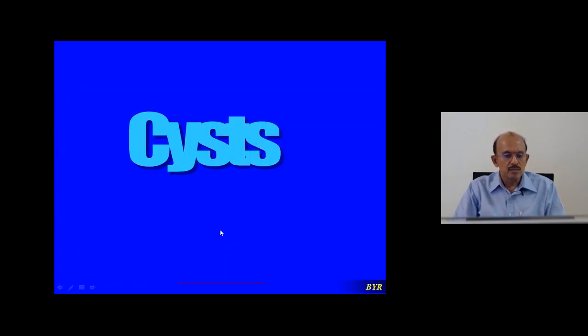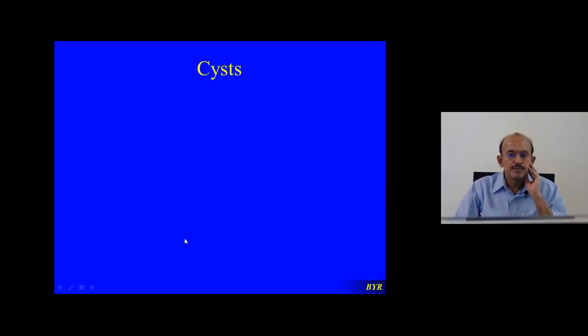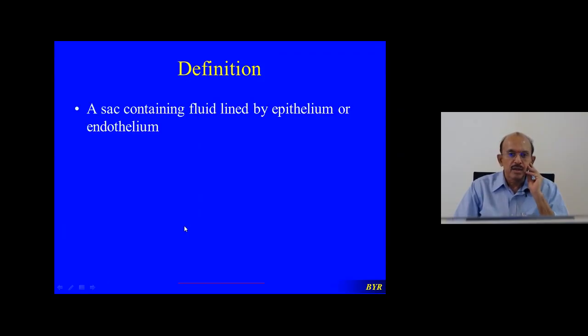Cysts of the skin. The word cyst is derived from the word for bladder. Definition: a sac containing fluid, lined by epithelium or endothelium.